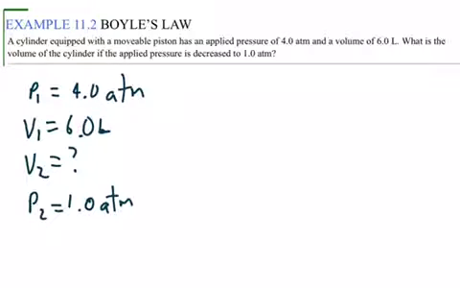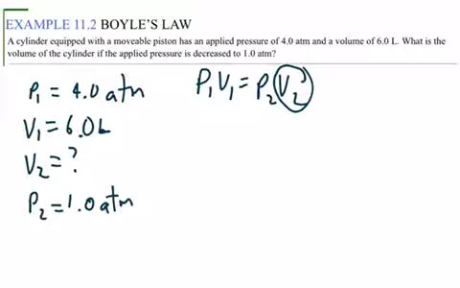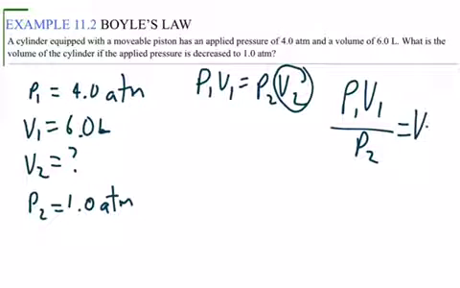Okay? So the equation for Boyle's law is P1V1 equals P2 times V2. We are looking for the final volume. So when you do the algebra, P1 times V1 divided by P2 will give us the final volume. Now, we did the algebra already. Let's substitute our values. So the original pressure is 4 atm.